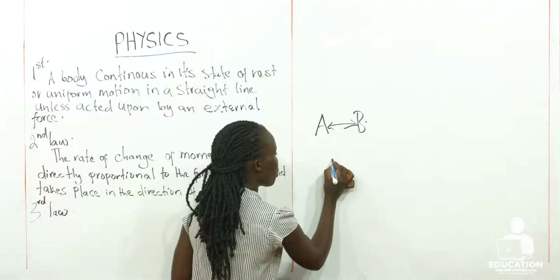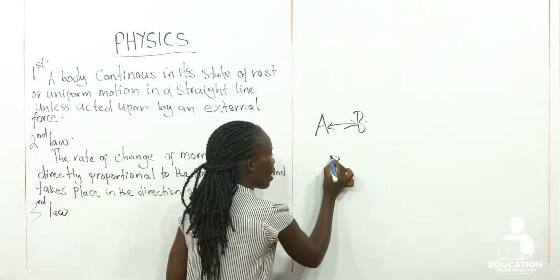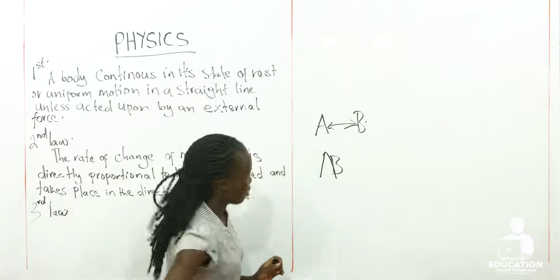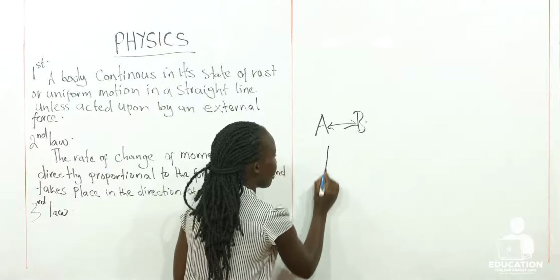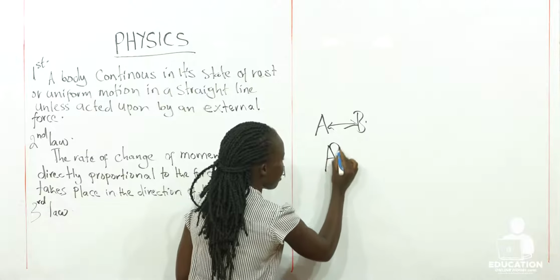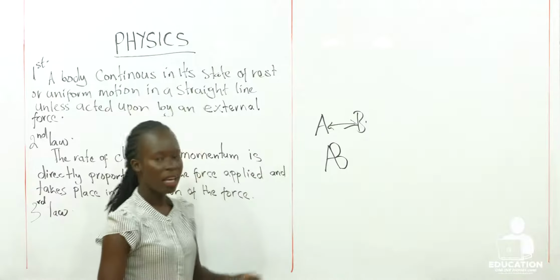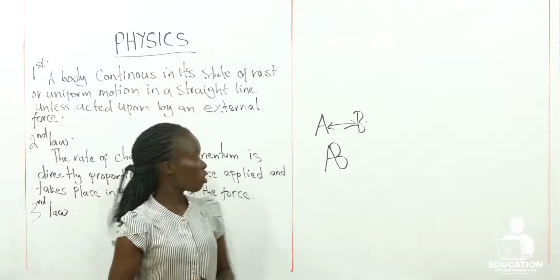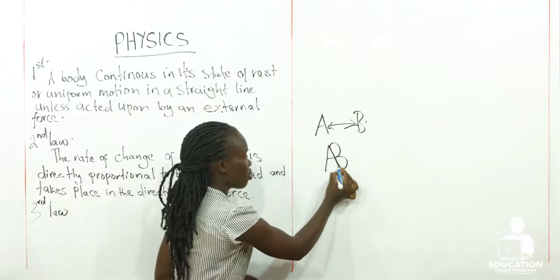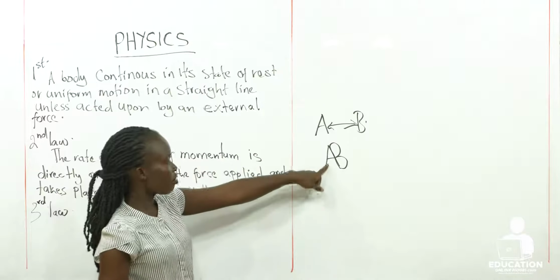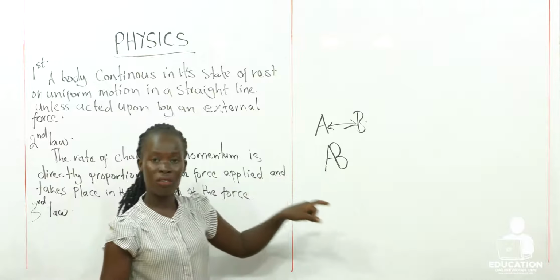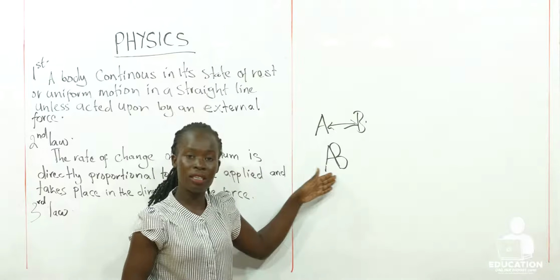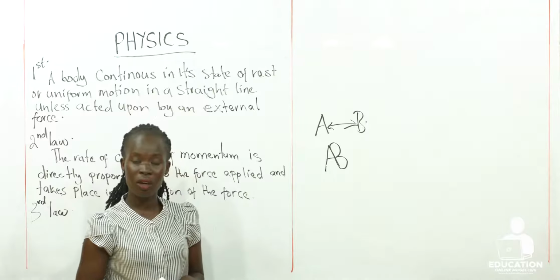But if you bring A close to B, we have our A, and then the B is also at that point. Here we are saying there is direct contact between the two. So if there is direct contact, this A has a force it is exerting on the B, and the B has a force that it is exerting on the A.